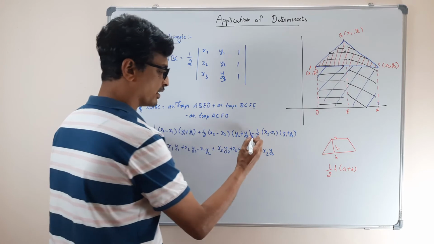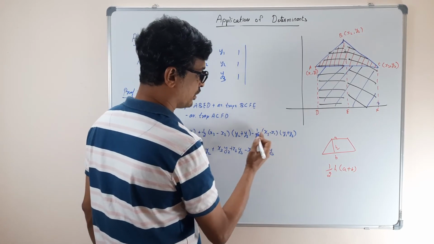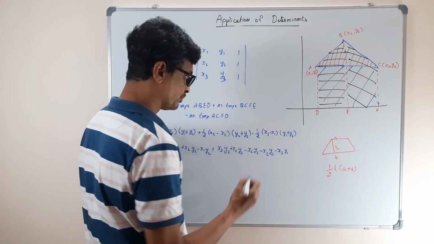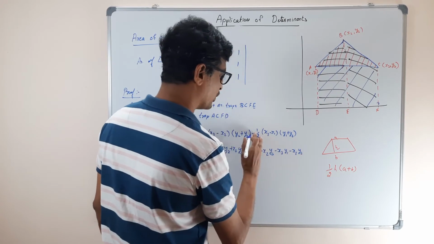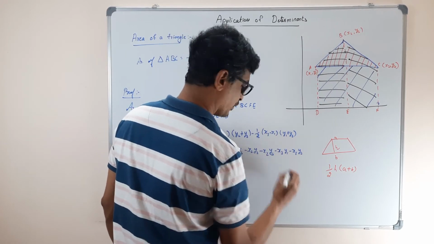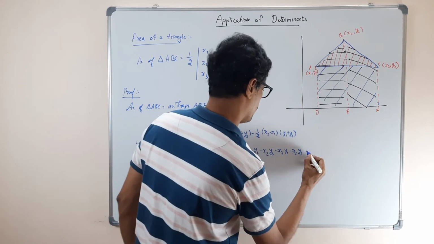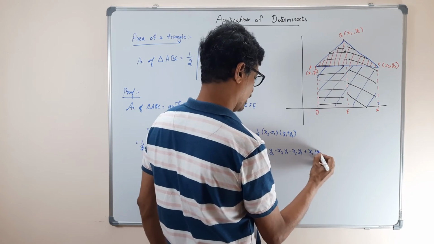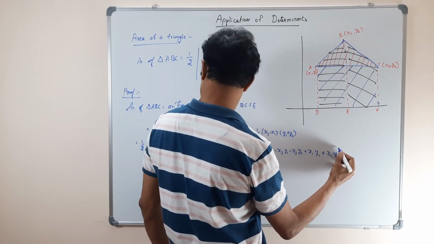Then this is minus, remember, so it will be minus x3 y1 minus x3 y3, and the next one, minus becomes plus, so plus x1 y1 plus x1 y3.